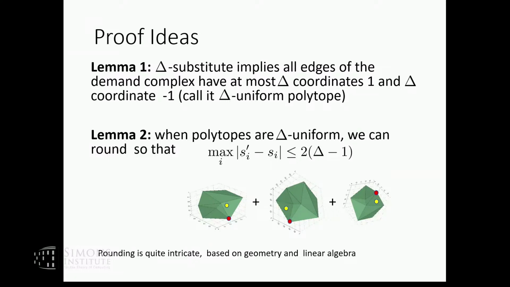And here's the lemma that I'm quite proud of. If every polytope satisfies that property, like with delta uniform, then you can round it so that the maximum violation of every good is at most 2 delta minus 1. This is scale-free. It doesn't depend on the dimension, just on the structure of this polytope, which is different from the Shapley-Folkman theorem.